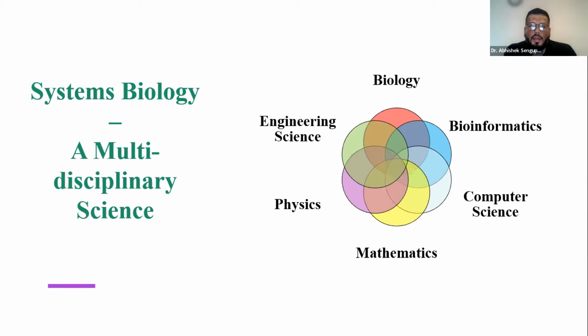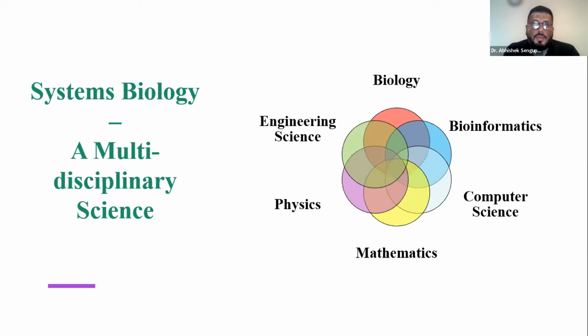in biology, right? One of the major aspects in systems biology is networks, studying biology using networks, right? So my main motto here is to tell you how networks can be used to understand biological problems.